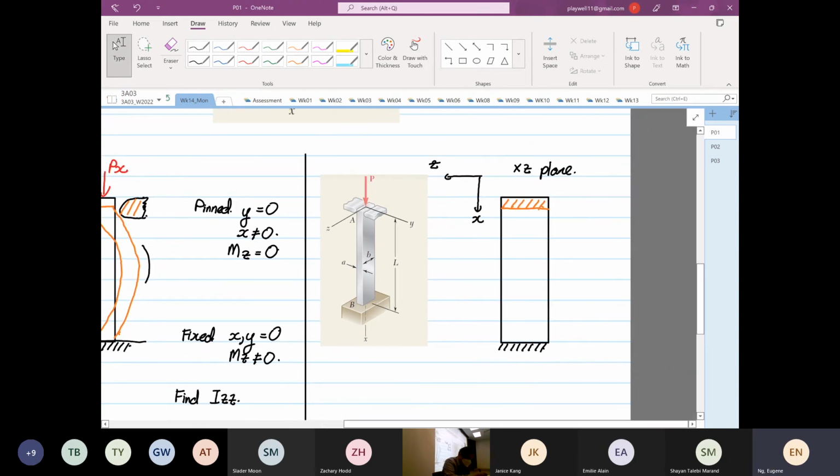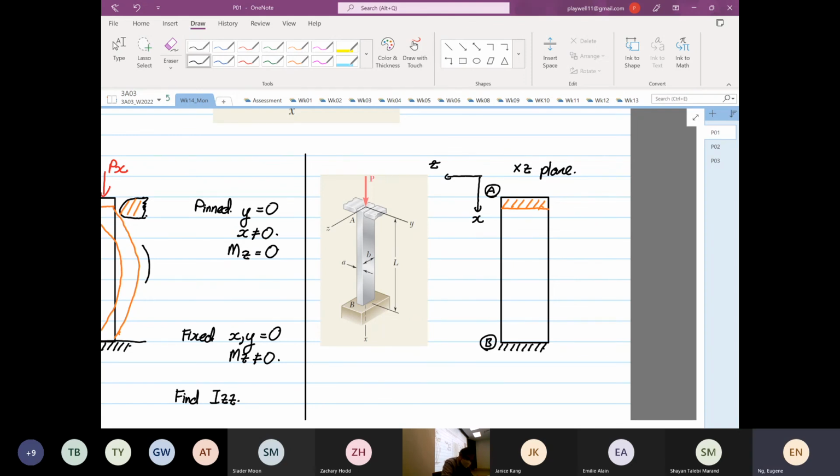Now the restraint at point A will not really restrict the structure at all. Let me elaborate what I mean.